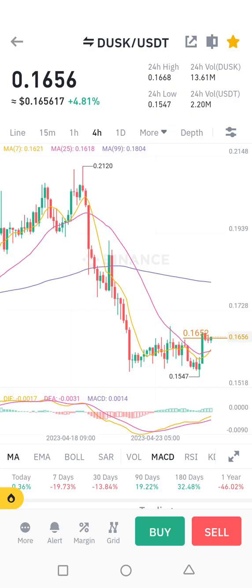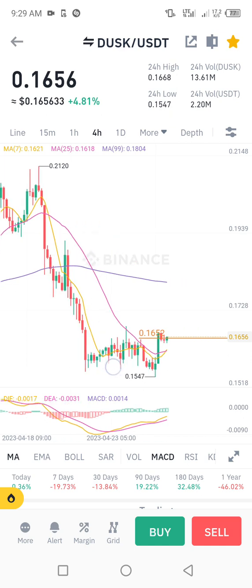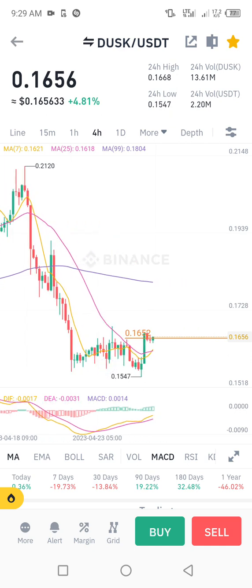Rather you buy here, you hold it till it gets to somewhere above your purchasing amount, which is obviously going to give you a certain amount of profit, then you sell. That's the tip, the secret you need to know when you are purchasing and selling Bitcoin or any other cryptocurrency.